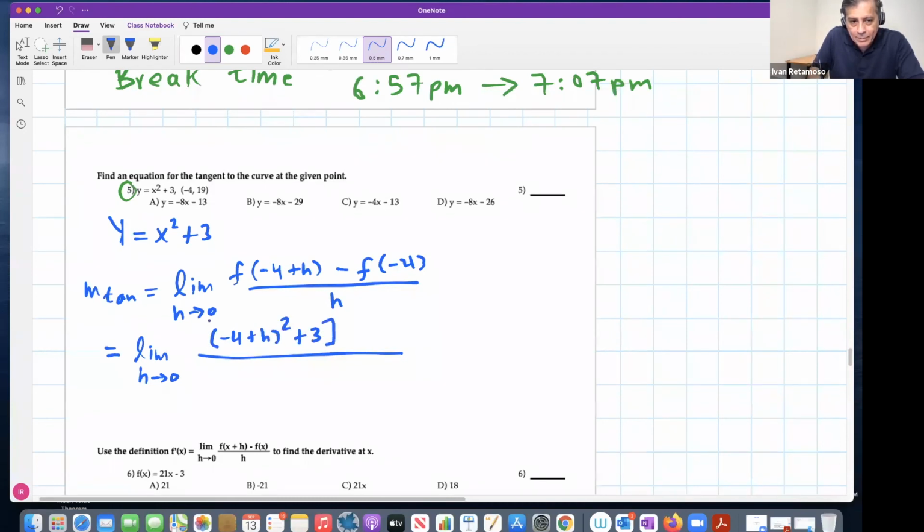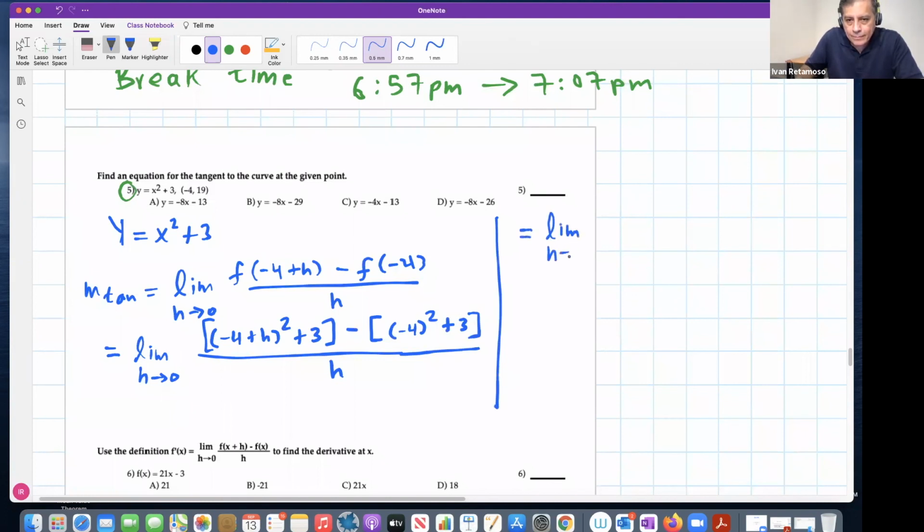Remember, h is just a placeholder. Minus the evaluation at negative 4, in brackets: (-4) squared plus 3. I use brackets to keep everything organized, because otherwise it's confusing. Use your calculator also, to help yourself out. Simplification will come along.